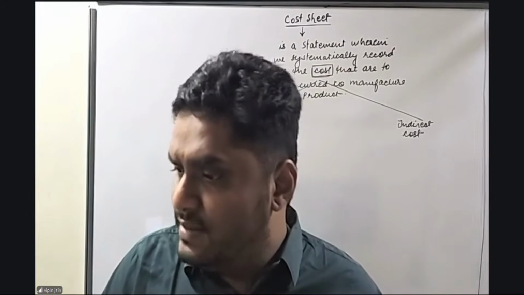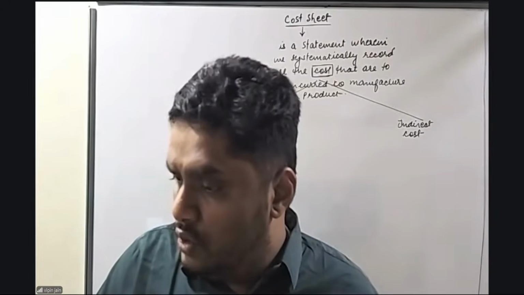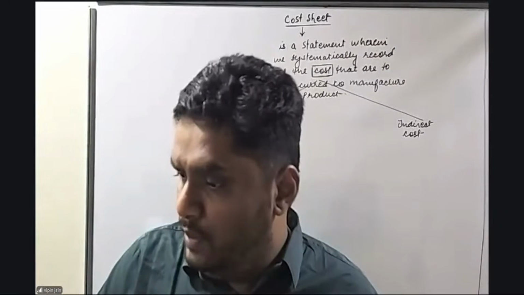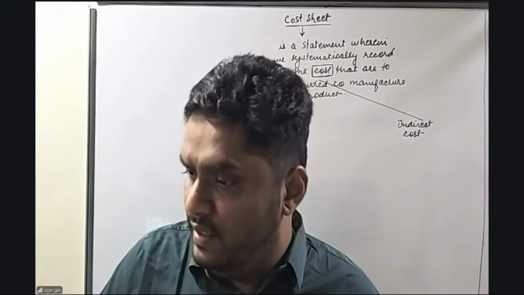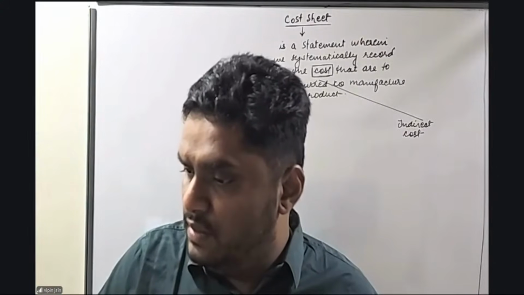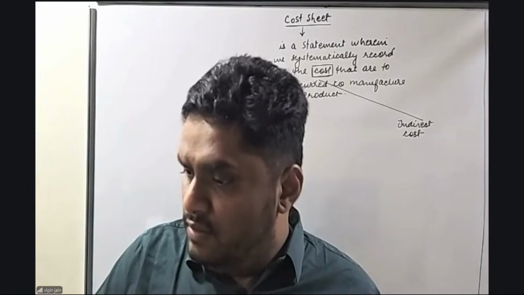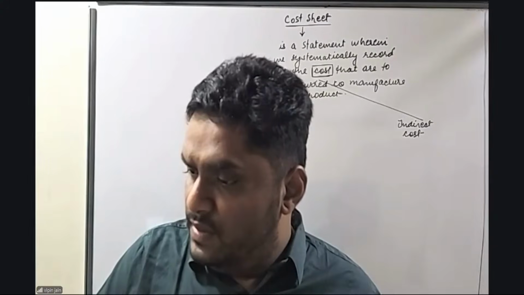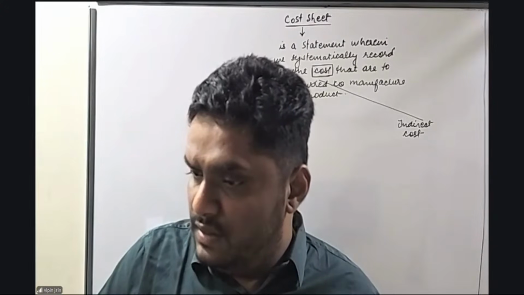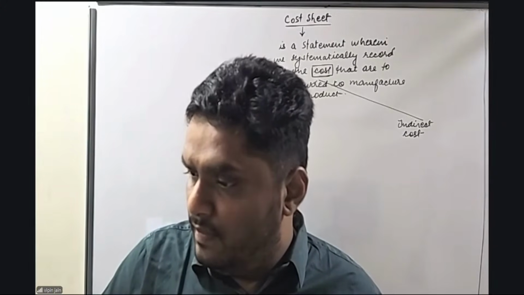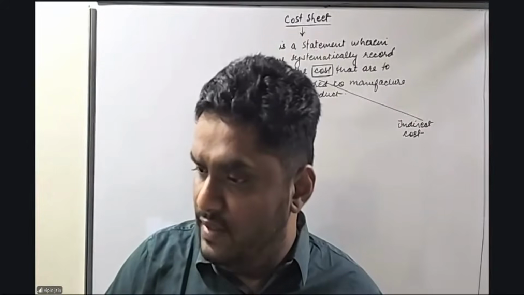Okay, so I'm getting answers. Direct means directly attributable to a product. Indirect means not to be measured directly. Direct cost can be directly incurred. Direct cost is measurable. Direct is related directly to the principal business. Indirect helps to run a business. Anyone else with any opinion?